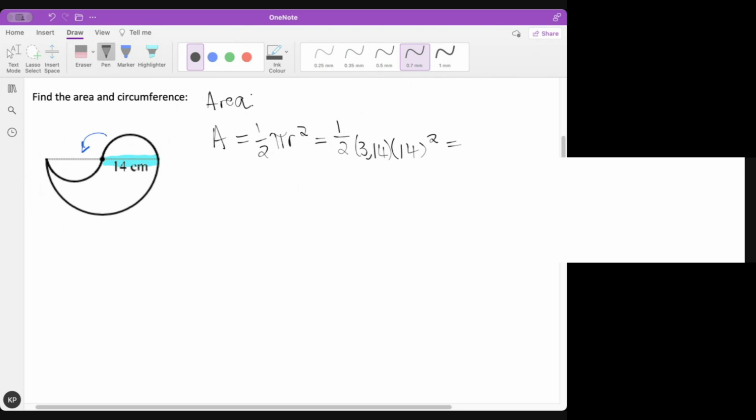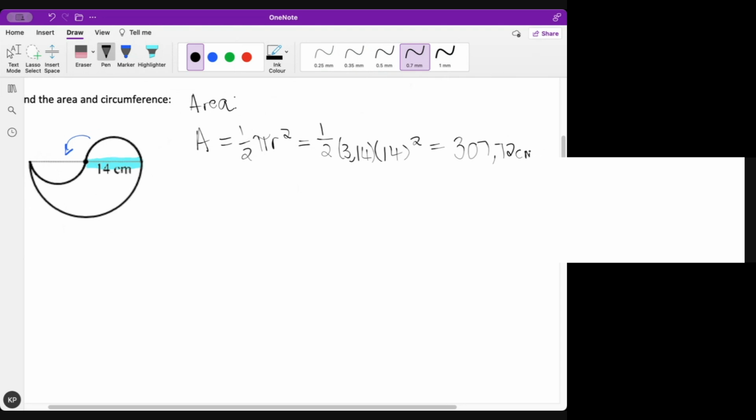I'm going to try and work it out also on my side, but you guys have to confirm. Times... Yes, I got the same answer. 307,72 centimeters squared. Easy.